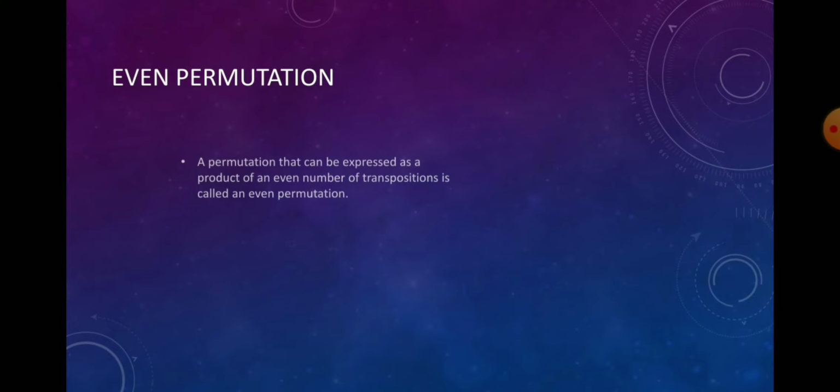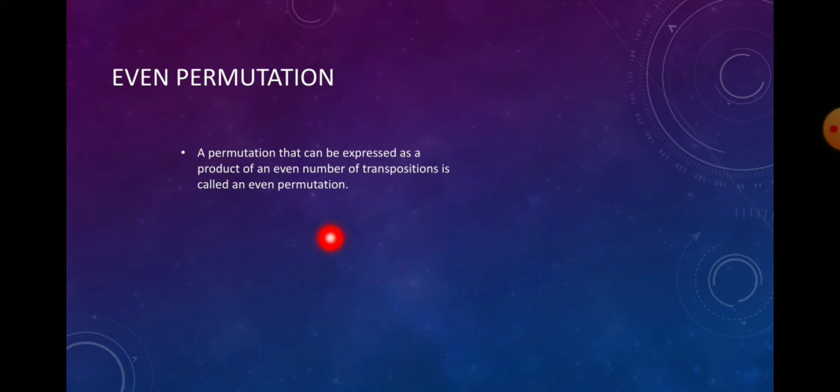Let us now define what is known as an even permutation. I hope you can guess. A permutation that can be expressed as a product of an even number of transpositions is called an even permutation.